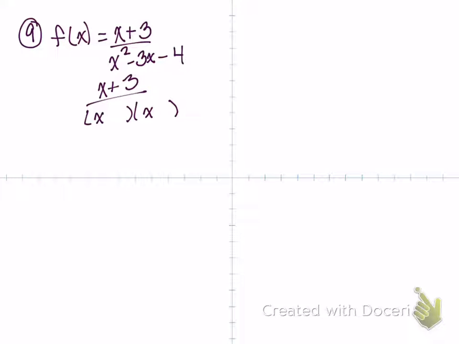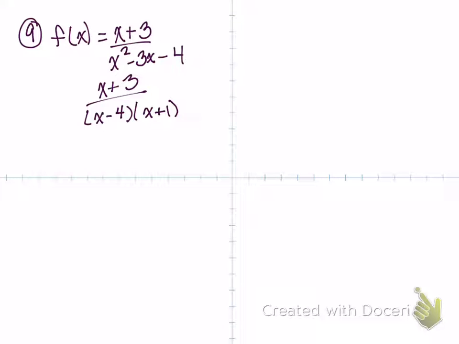So if I do x minus 4 and x plus 1, my numbers being -4 and +1, -4 times +1 gives me -4, and -4 plus +1 gives me -3. So I now have this in factored form.